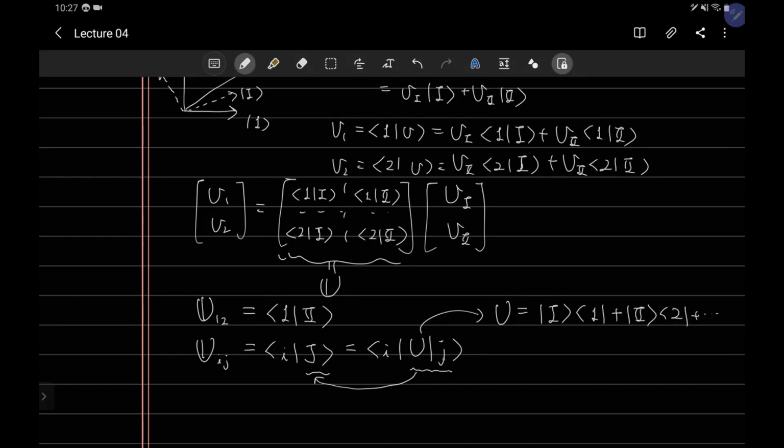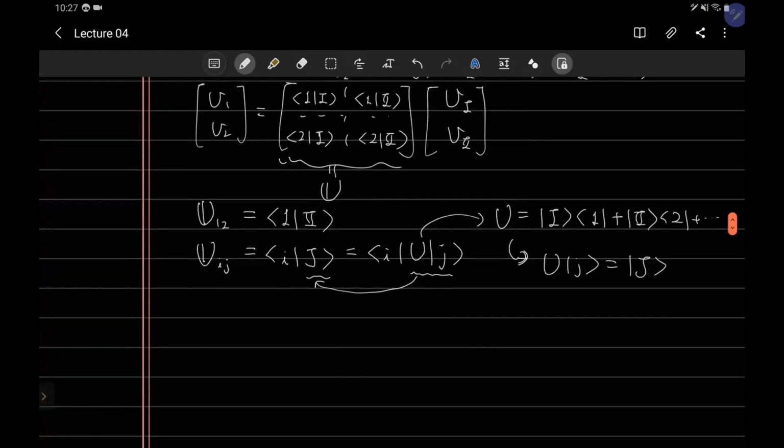So with this definition, we would always have U j turn into the Roman numeral basis, something like this.